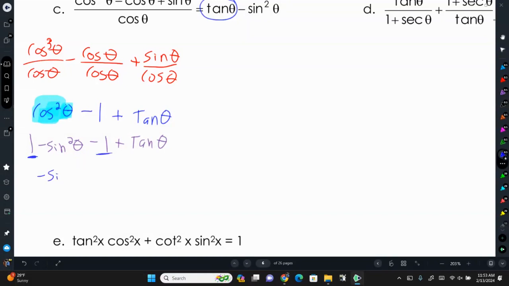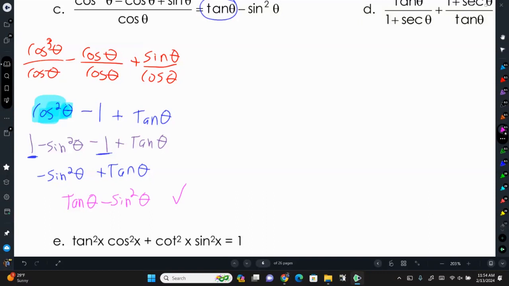So I have negative sine squared theta plus tangent theta. And we're almost there. Because we are adding, we can switch the order. So we can switch this to tangent theta minus sine squared theta, which is what we had up above. And that gives us the correct answer.